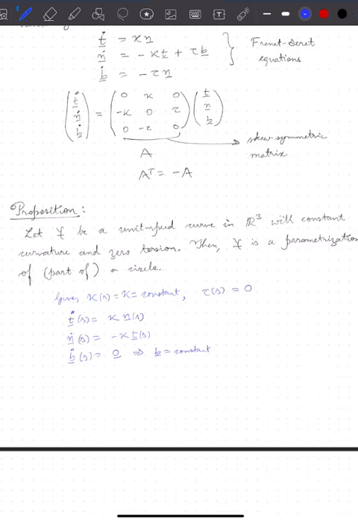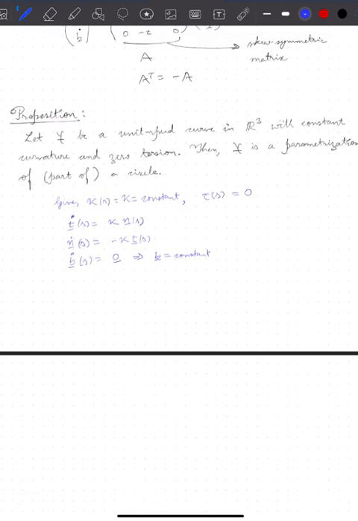Now from these two expressions here, what we know is that d gamma by ds is equal to kappa n vector of s.